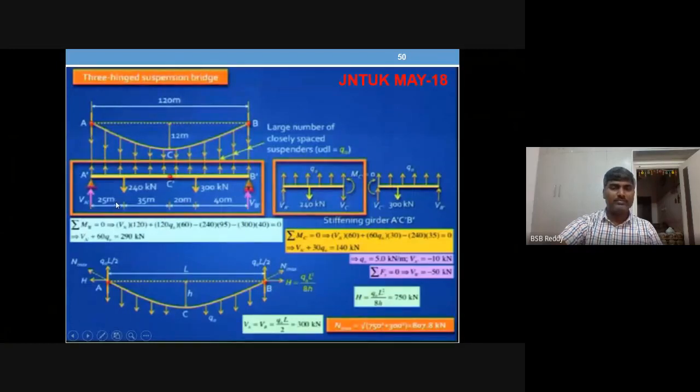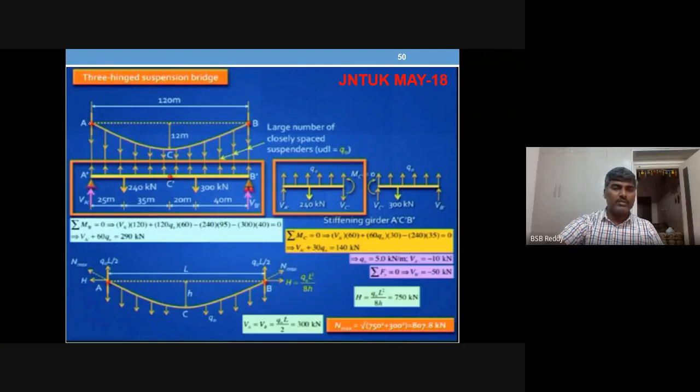This is the example I'm going to take. Same span, 120 meters. The span here is 120 meters. This is the cable portion, the main cable.